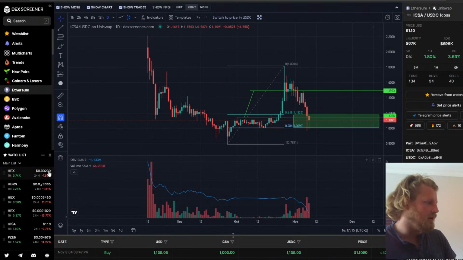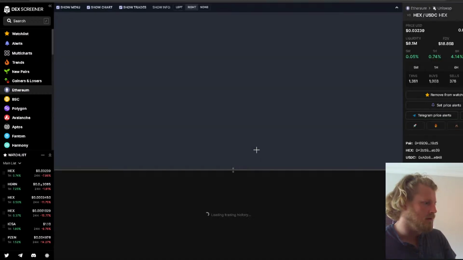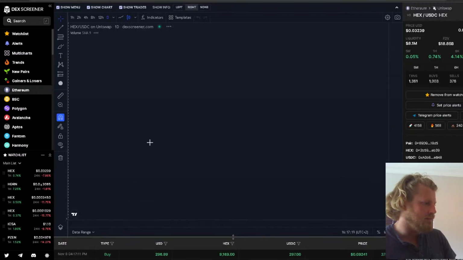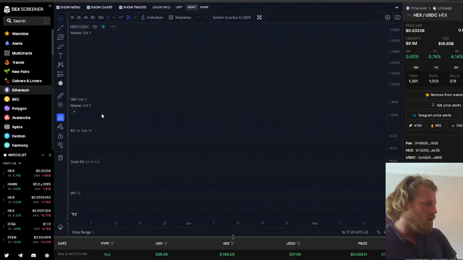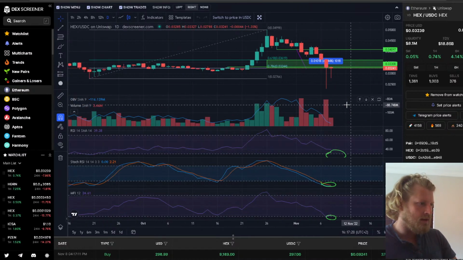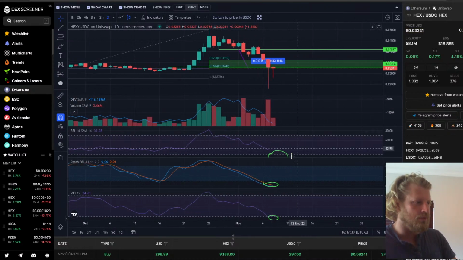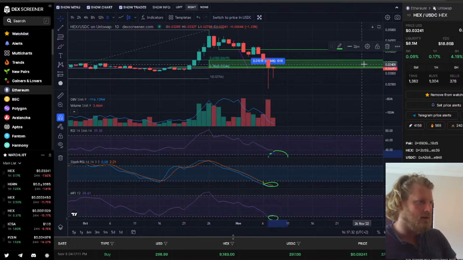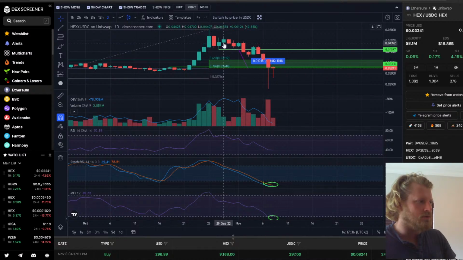I mean, if we go over to Hex over here, hopefully my indicators are pulled up here. Yeah, they are. So all of them except for the RSI are in the location to take a long trade. But this RSI is very slow. It counts 14 bars or 14 candles back.